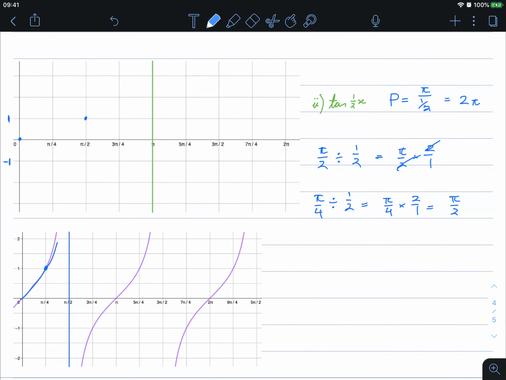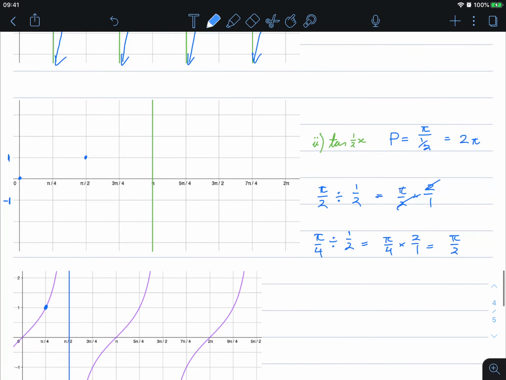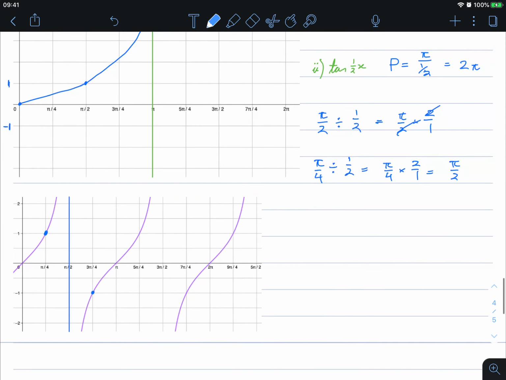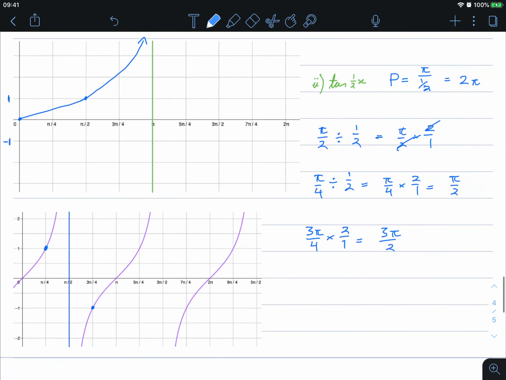Now the rest of the values are hard to determine, so we're just going to do it like this and let it go off to infinity like so. Let's now find this negative 1 value. It's originally at 3 pi on 4. And as you've seen, we're dividing by half, which is the same as multiplying by 2 on 1, which is 3 pi on 2.